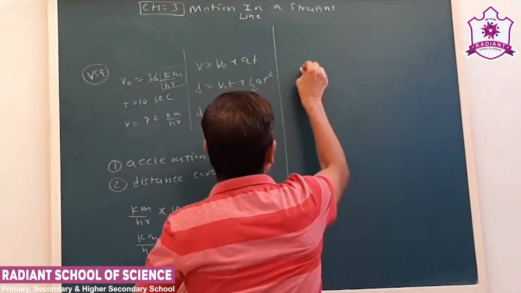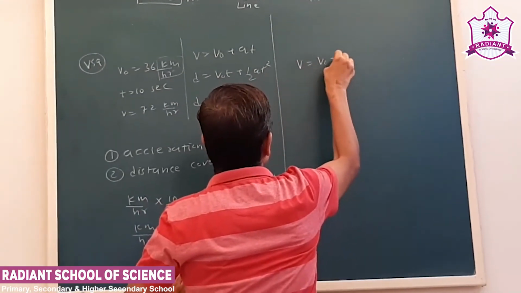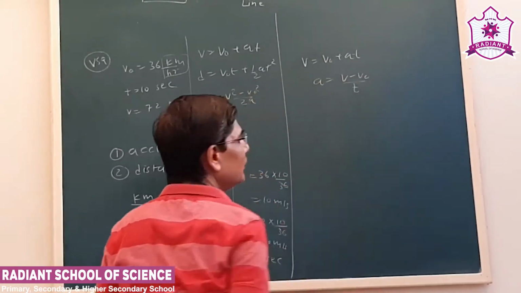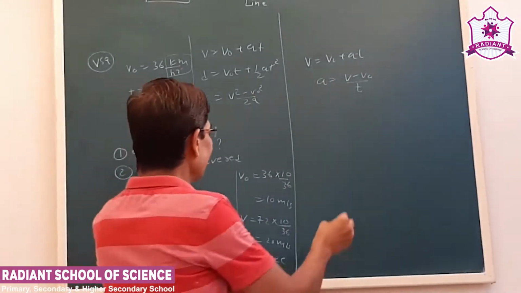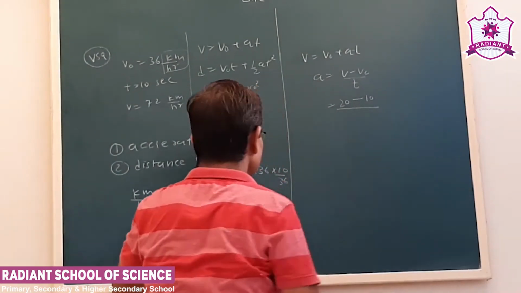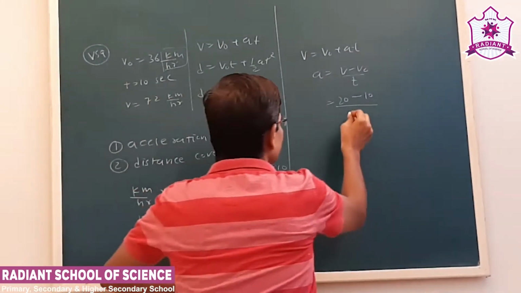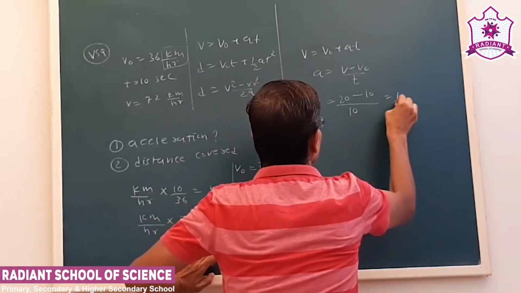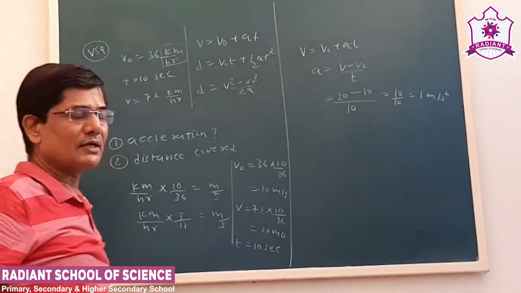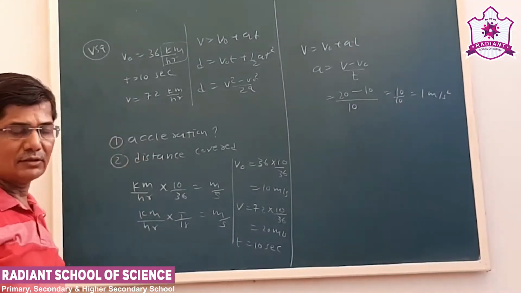Our equation v is equal to v0 plus at gives a is v minus v0 upon t. The final velocity is 20, the initial velocity is 10, and the time given is 10 seconds, so a is 1 meter per second square. This will be our first answer: the acceleration of the car.